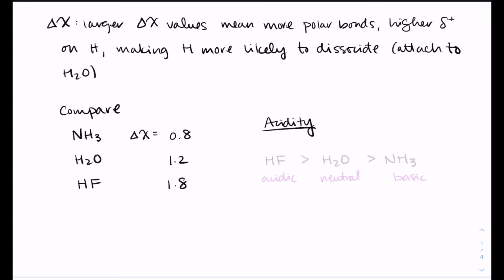Now, because we're in water, because we have some reference points at this point in the module, you probably could have written this down because HF is acidic, H2O is neutral, and NH3 is basic. But still, if we're ranking in terms of acidity, well, how good is NH3 at being an acid? It's terrible. It's so terrible that it acts like a base.